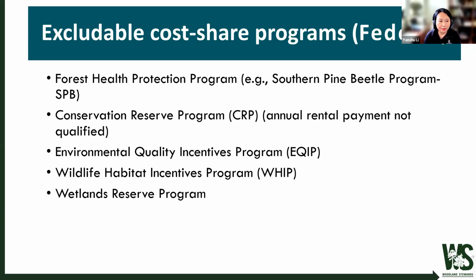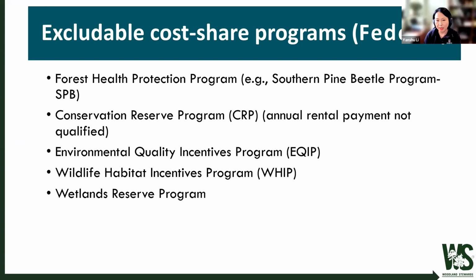And the conservation CRP program. Sometimes you may receive cost share assistance from the CRP program, and if it's for reforestation or capital projects, those are eligible Section 126 cost share payments. But keep in mind the annual rental payments are not qualified.